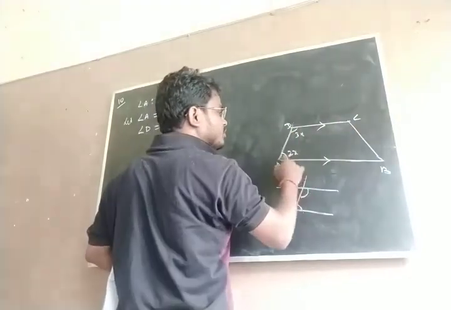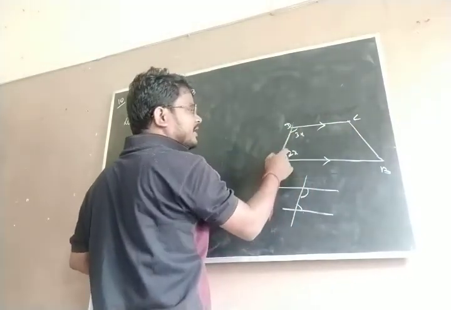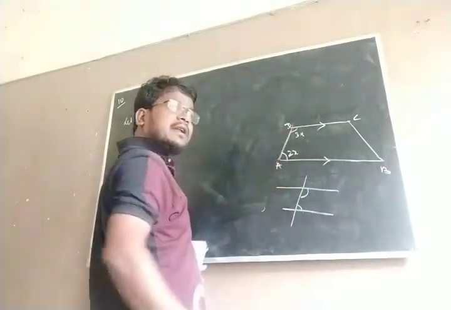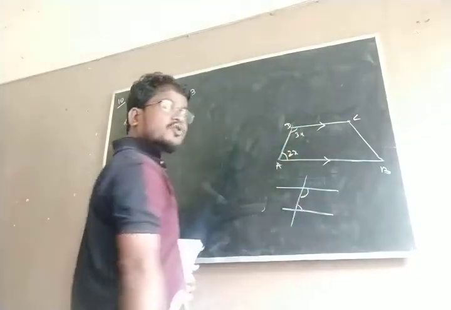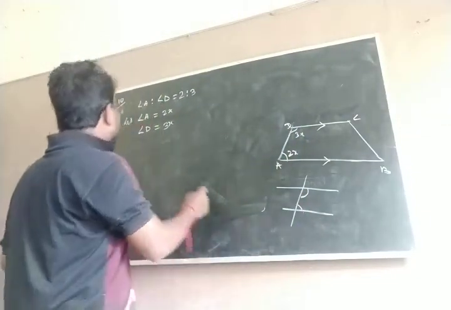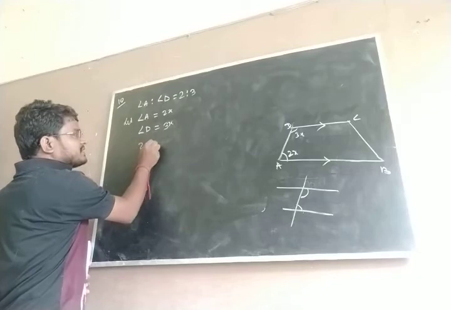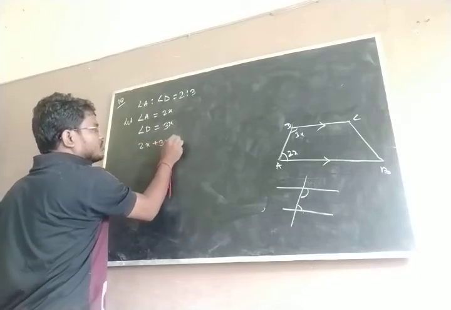Same way, these two lines are parallel. These are co-interior angles, and this plus this equals 180 degrees. Therefore, 2x plus 3x equals 180 degrees.